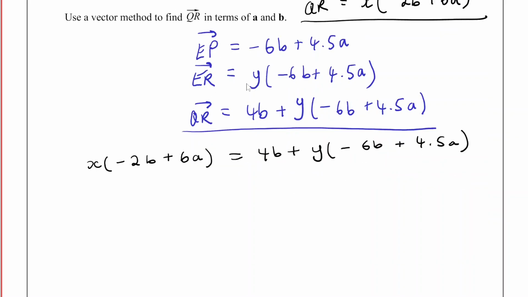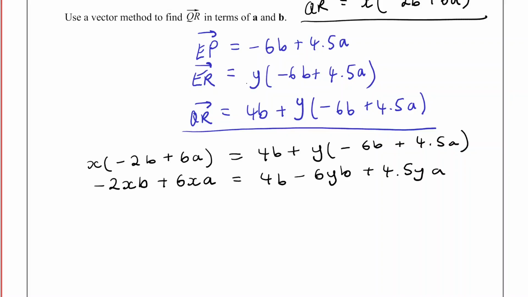I want to separate my A's and B's. I'm going to expand the brackets first. So I've got minus 2XB plus 6XA equals 4B minus 6YB plus 4.5YA.